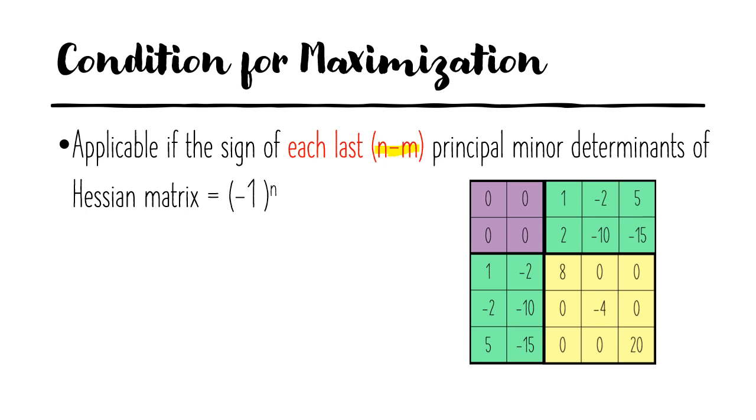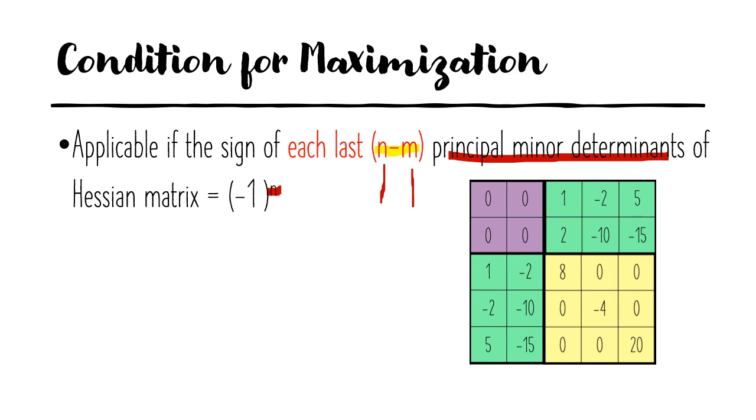What is n here? n indicates the variables available in my objective function and m indicates the number of constraints available. So this n minus m will give a value, and based on that value I have to consider my principal minor determinants. If you identify the value of the determinant, that should be equal to minus 1 power n. Again, n indicates the variables available in my objective function.